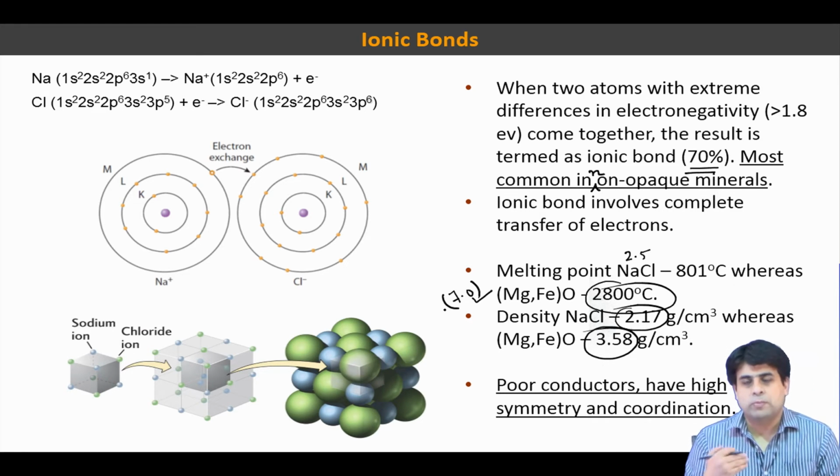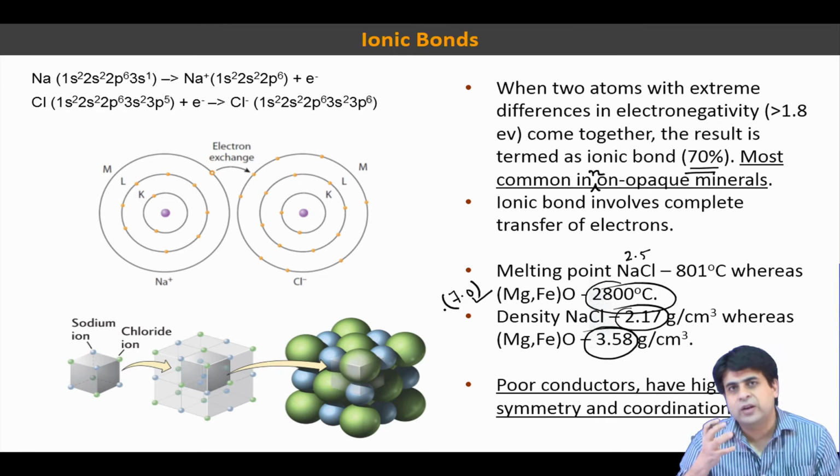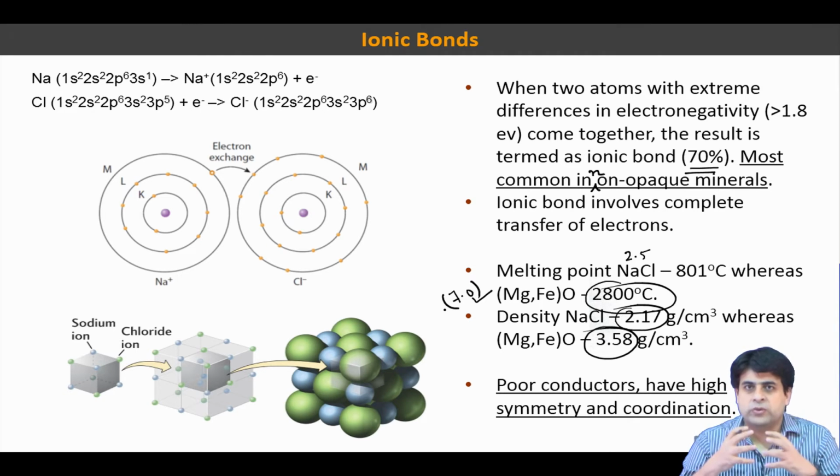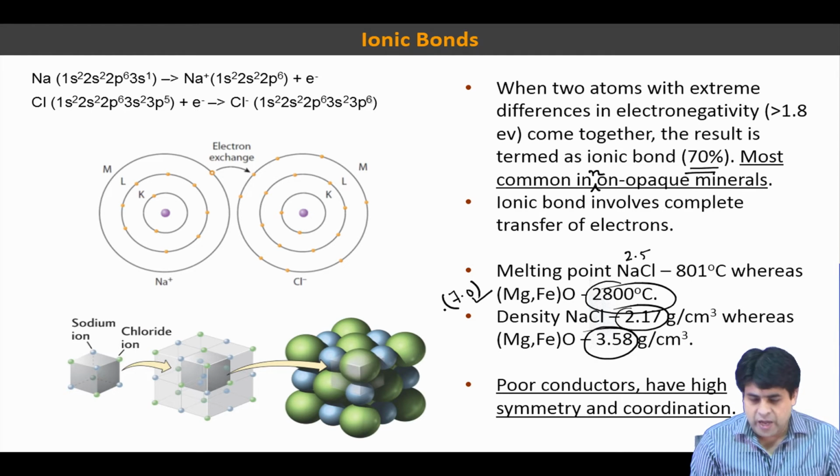So, these physical properties will change with the number of electrons present in the outer shell of the mineral, which makes a mostly ionic bond. This is the example of the ionic bond.